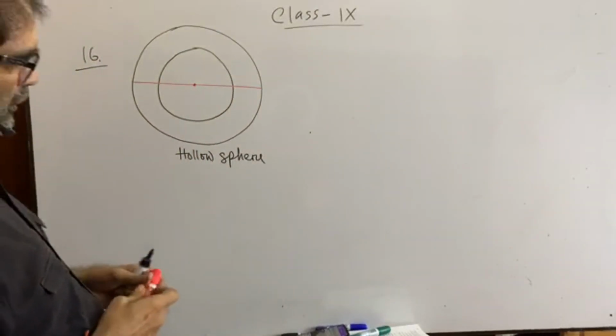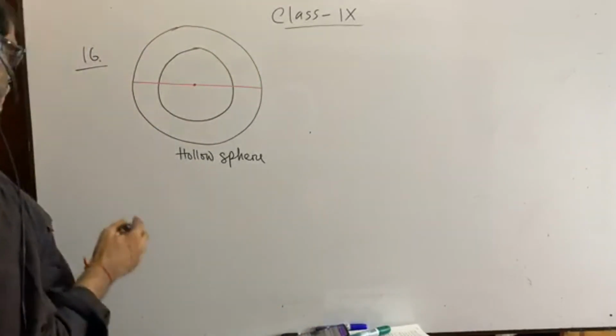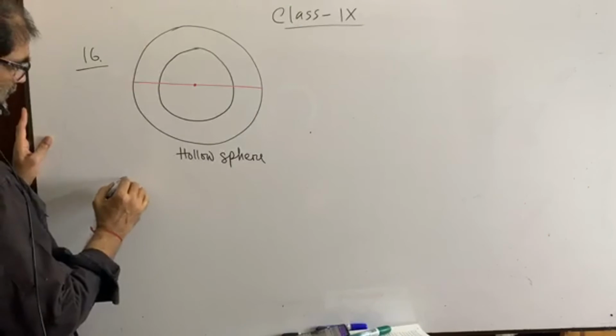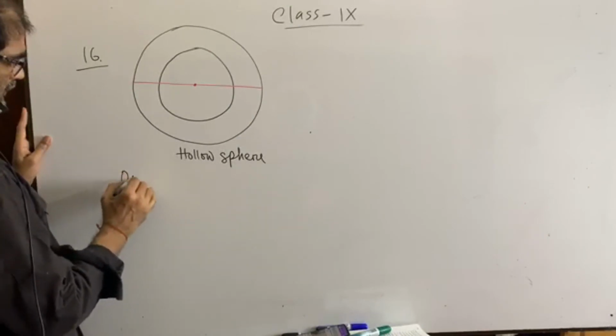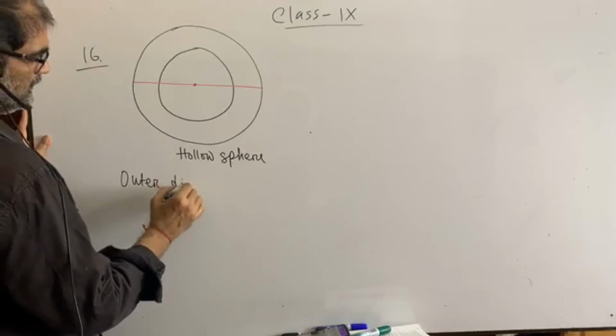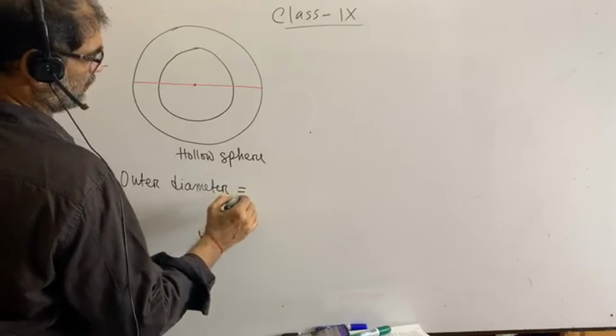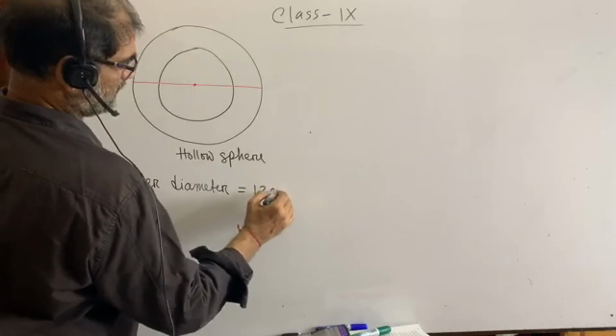The outer diameter of the hollow sphere is given as 13 centimeter. Write down, outer diameter given is equal to 13 centimeter.